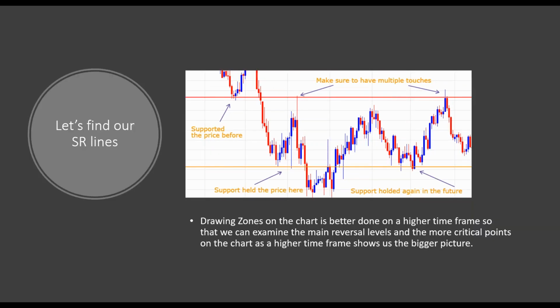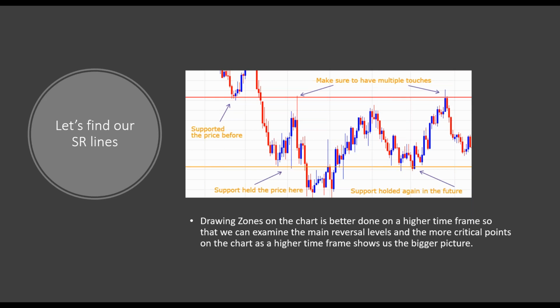Drawing zones on a chart is better done on a higher time frame so that you can examine the main reversal levels and the more critical points on the chart. Even though support and resistance lines hold true for whatever time frame you're looking at, you need to start off higher. You don't want to start off with a 15-minute chart and isolate those, because price can go up through them and down.